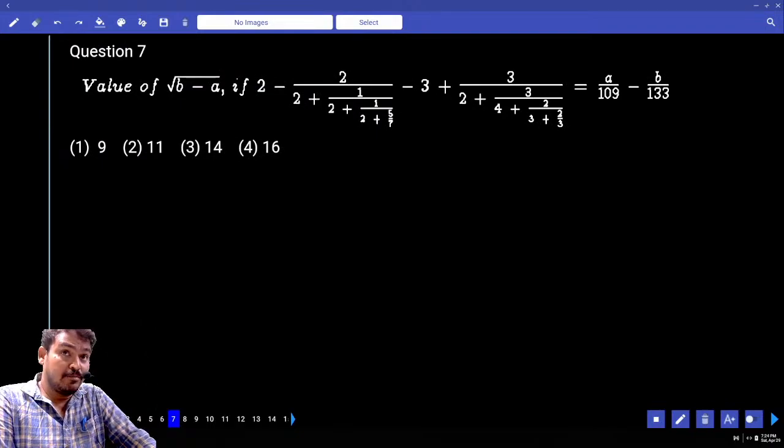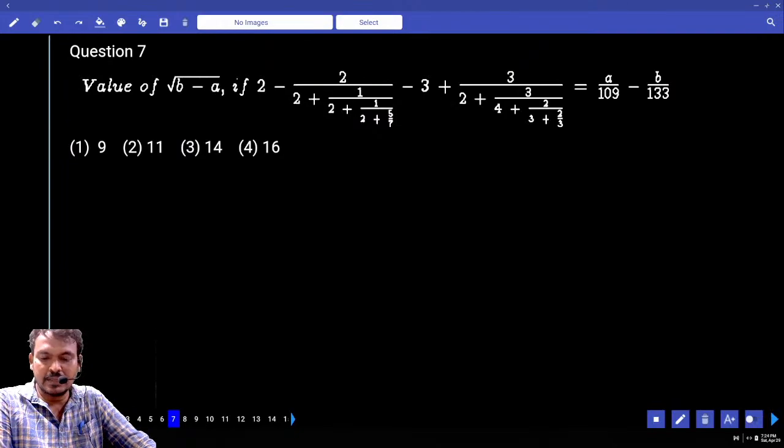Value of square root of b minus a required if 2 minus 2 by something, minus 3 plus 3 by 2 plus something.